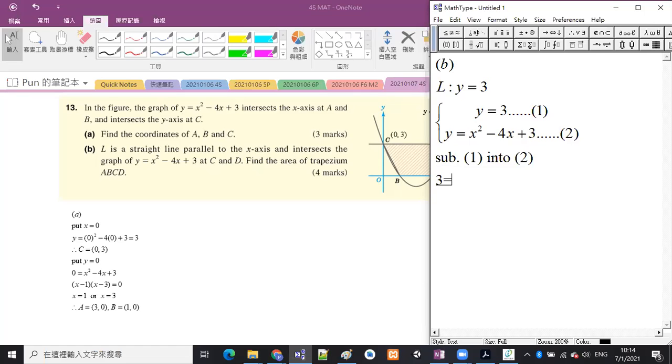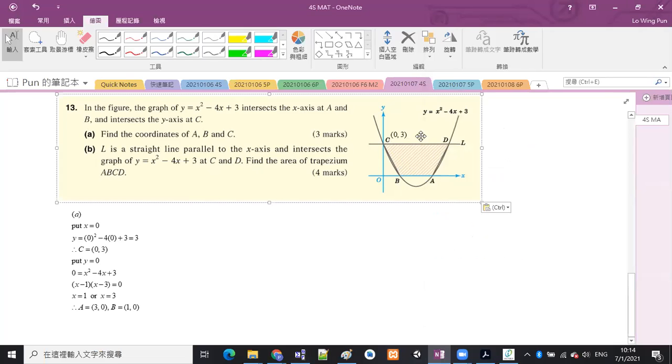So 3 is equal to x squared minus 4x plus 3. Okay, 0 is x squared minus 4x. And then you just take out the common factor, x times (x minus 4) is equal to 0, which means that x is equal to 0 or x is equal to 4. Okay, so we are finding the intersection points between L and the curve. But there are 2 intersection points.